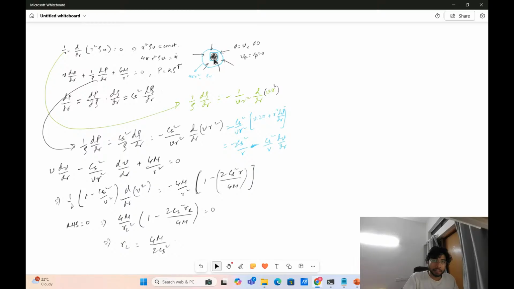But as the matter is falling, getting closer and closer to the black hole, the velocity should increase, right? So that is the difference between accretion and wind. For wind, the reverse is true, because the matter is getting blown off, like from the solar corona, let's say.